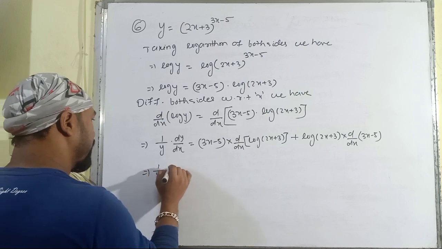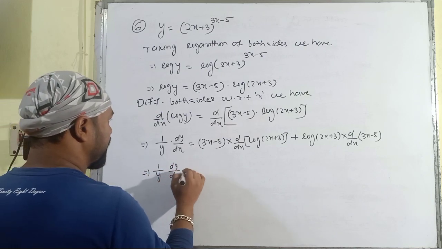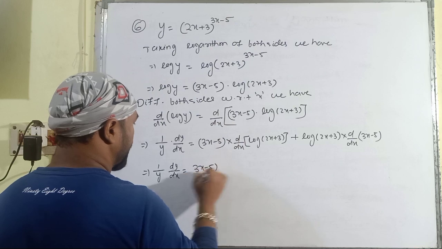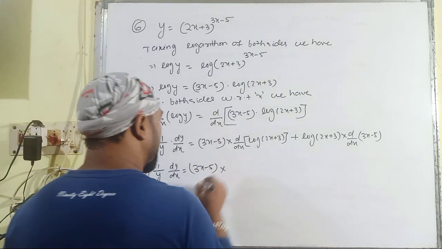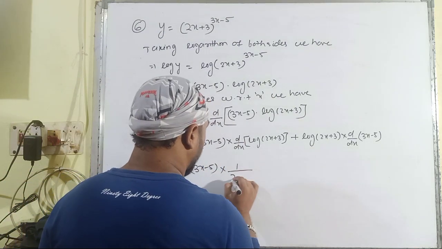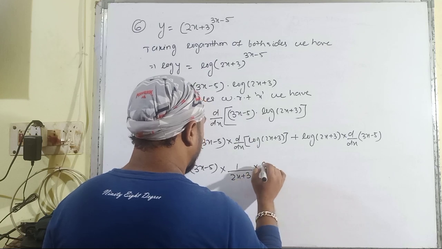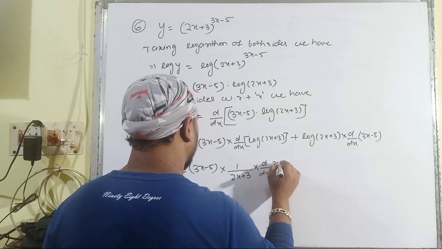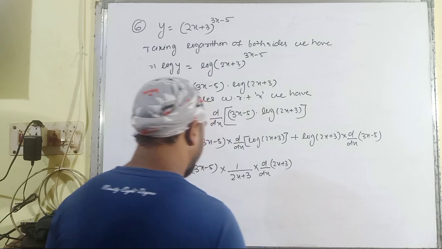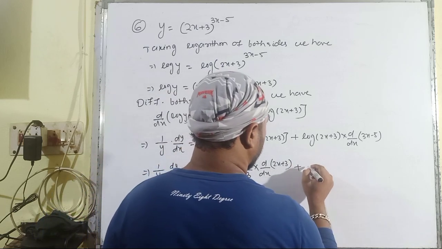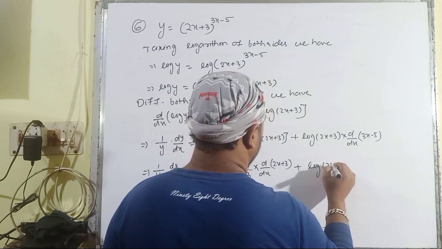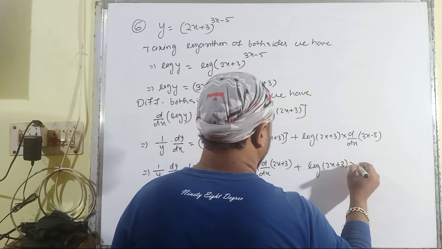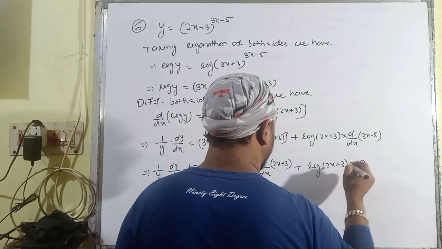Then it is 1/y dy/dx equal to (3x−5) multiplied with 1/(2x+3), again multiplied with the differentiation of 2x+3, plus log (2x+3) multiplied with the differentiation of 3x−5, which is 3.